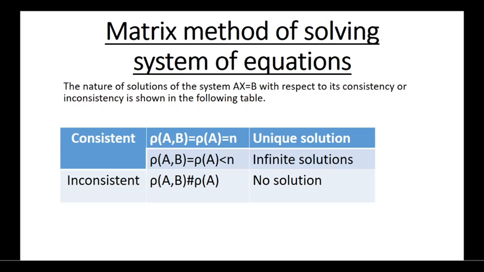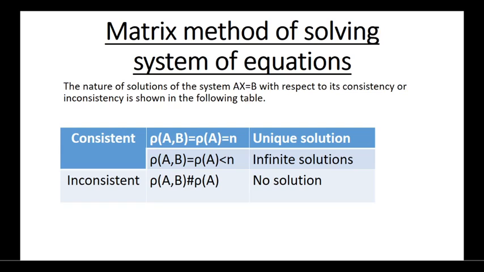First we write the system of equations in the form AX = B. So the coefficient matrix's first row is 2, 3, 2. In the second equation there is no x term, that's why the x coefficient is 0, so the second row is 0, 3, 1. In the third equation there is no z term, that's why the z coefficient is 0, so the third row is 1, -2, 0.